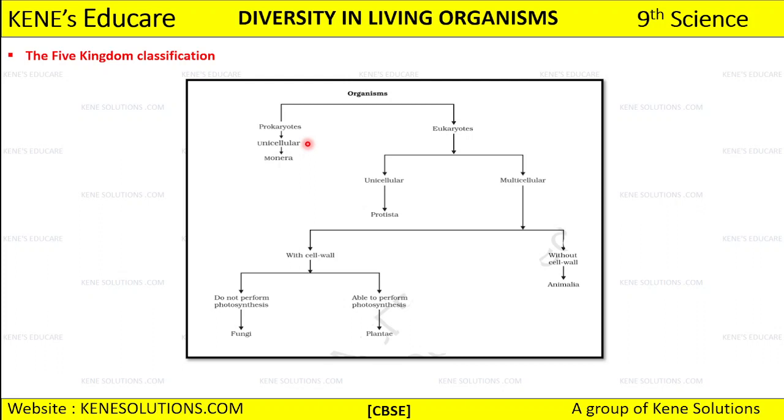With a cell wall we have 2 criteria: if the organism performs photosynthesis, then it comes under kingdom Plantae. If they are not able to perform photosynthesis, then it comes under kingdom Fungi. Okay, and what about Animalia? Kingdom Animalia has all the animals. What do they have? They are all eukaryotic multicellular organisms without a cell wall.